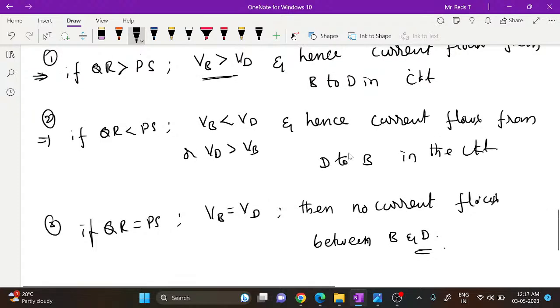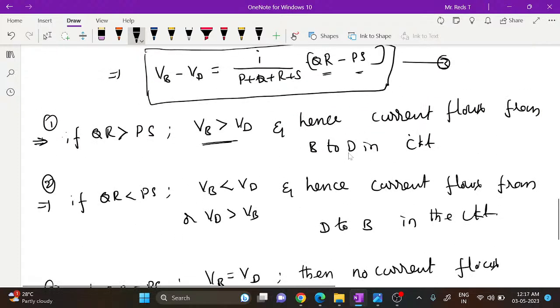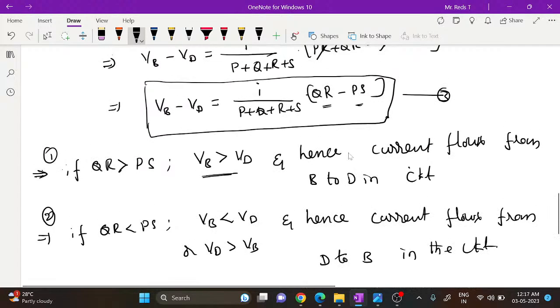I hope it is clear for you. You can pause the screen and try to copy every point. At any point, if you come across any confusions, you can drop a message, guys.